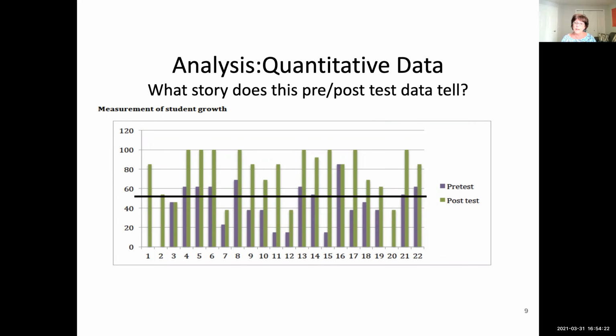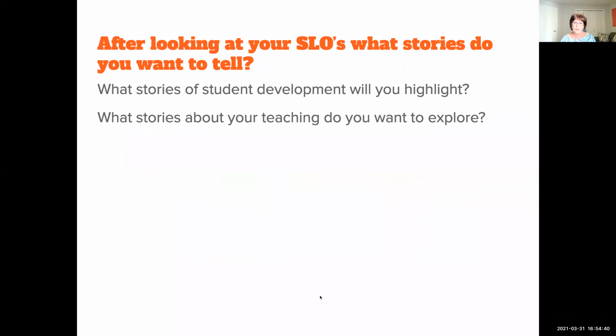But the similarity is going to be, you are all going to start your reflection by making a graph like this. Okay, pre-test, post-test per student, with your proficiency baseline going across. But then again, like we just did, now you have to start to take some notes for yourself about what stories you want to tell.